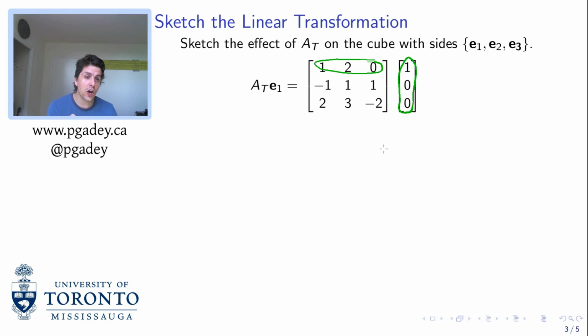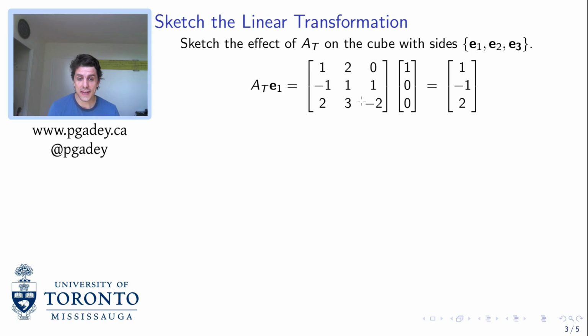And the only non-zero entries we're going to get are when that first number multiplies on here. The rest of these zeros will cancel everything else out. So we're going to get the whole first column appearing when we multiply by E1.